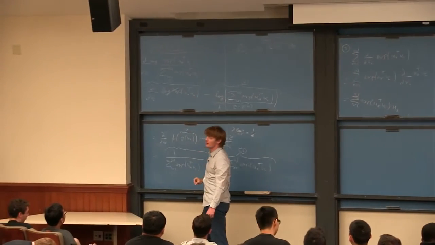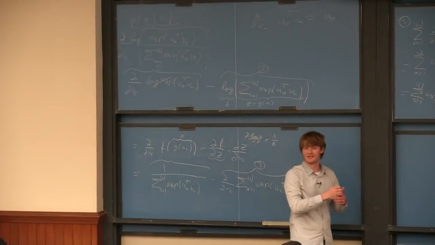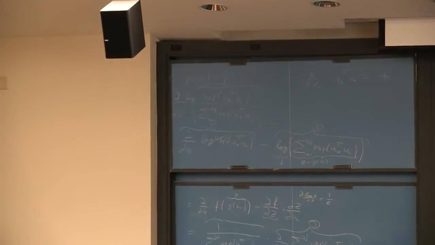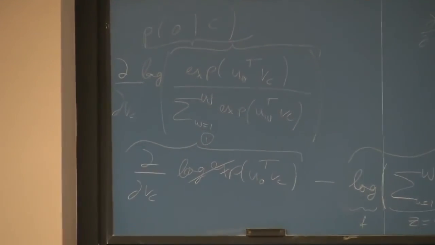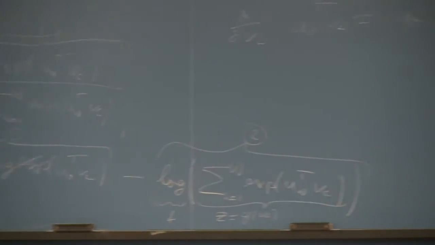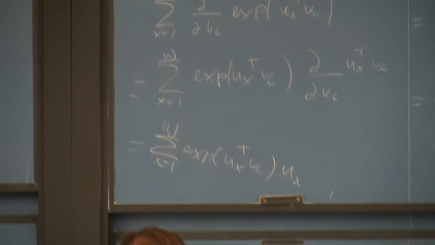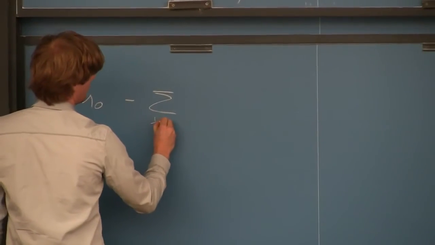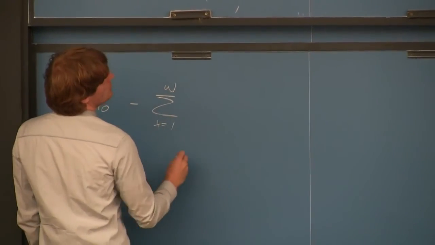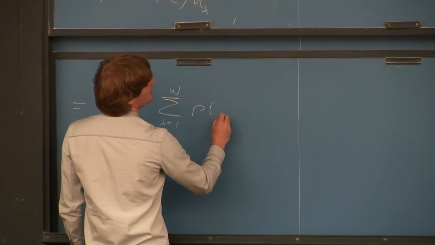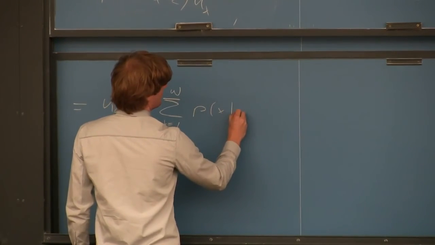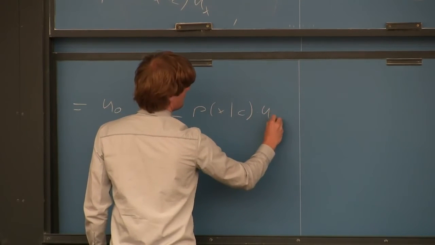Instead of uo, you have ux, which you just sum over the entire vocabulary. So we can rewrite this as uo minus the sum over x equals 1 to W of the probability of x given the center word times ux.